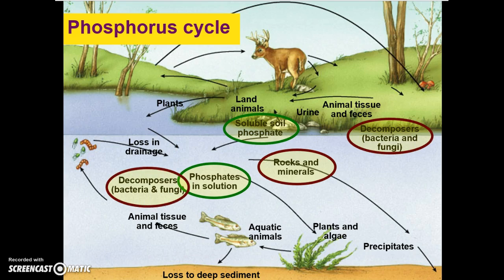Phosphate binds with soil particles, and the movement is often localized. The phosphorus cycle is much slower than the carbon or nitrogen or even water cycle. So this one, because it does have its major reservoir in solid rock or sedimentary rock, and since it does bind with soil particles, it does take longer to circulate through the cycle.